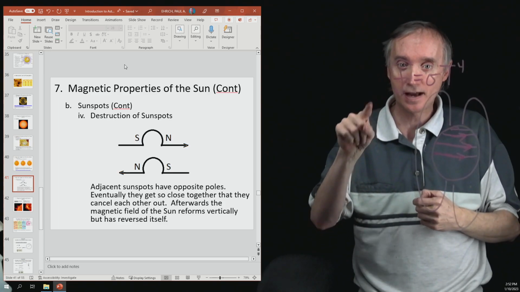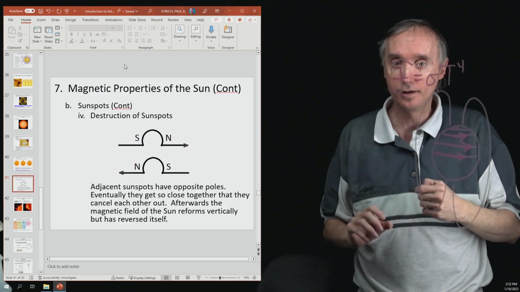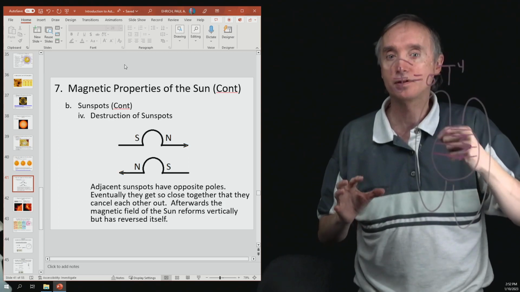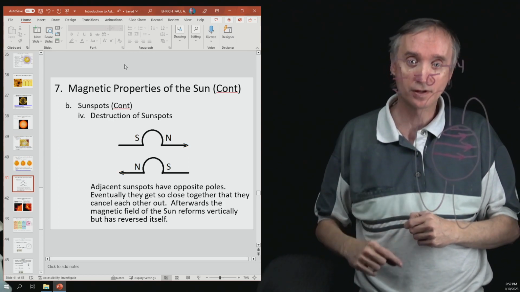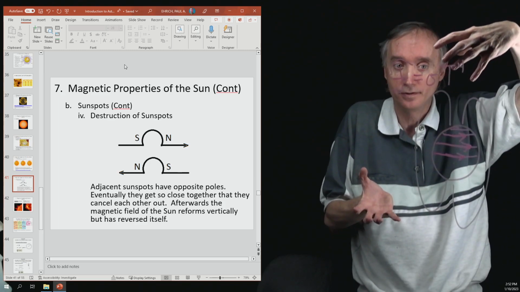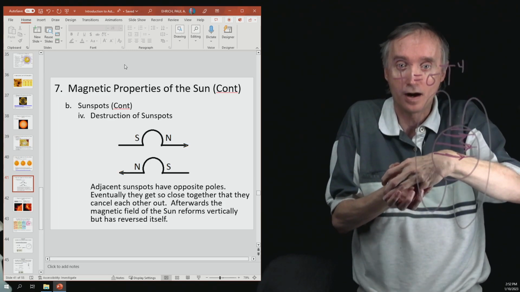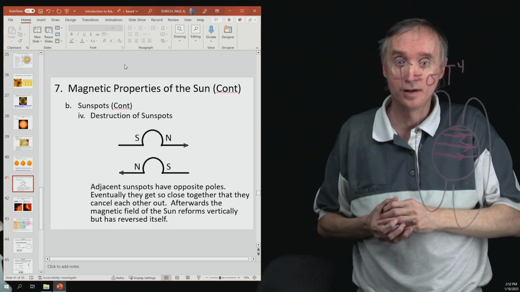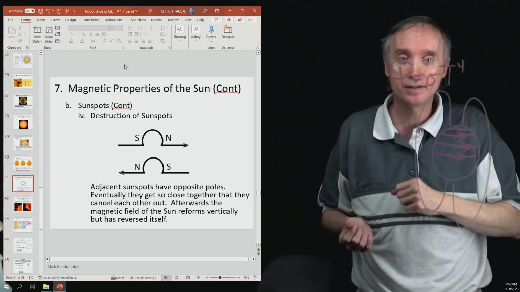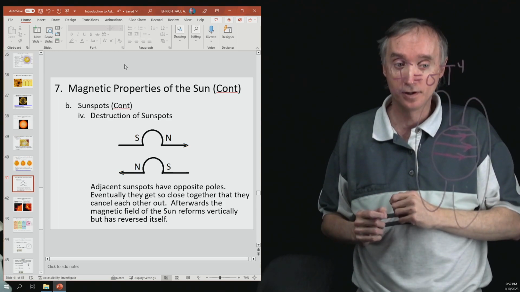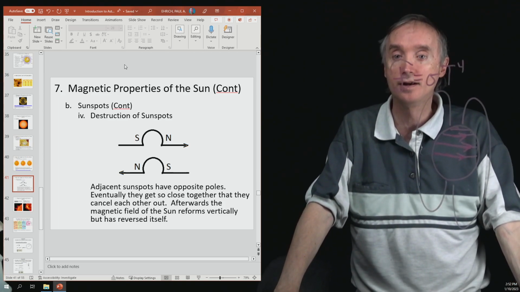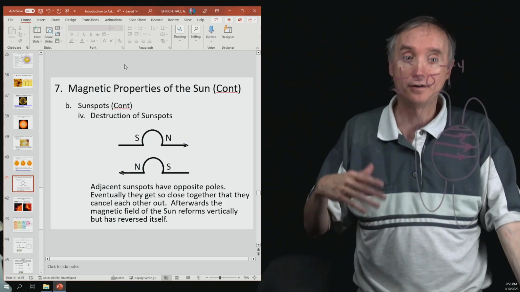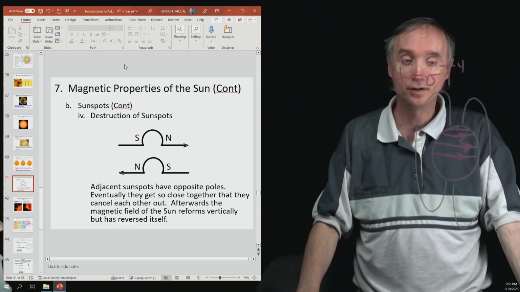So as the south pole of one of the sunspots gets closer to the north pole of the other sunspot, eventually they get sucked together. Opposites attract. And when they come together, they'll cancel each other out. So these sunspots will begin to cancel each other out at the end of this 11-year cycle.